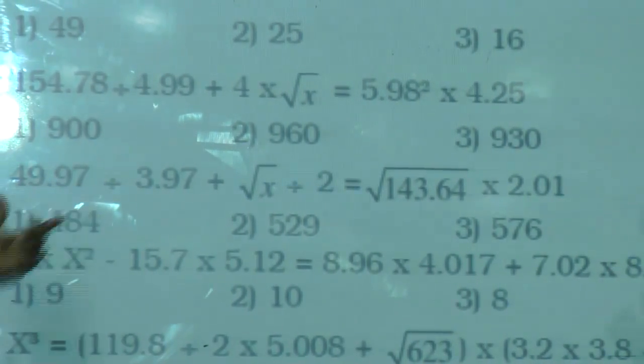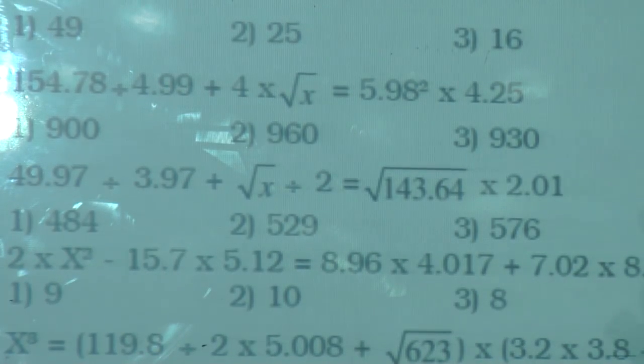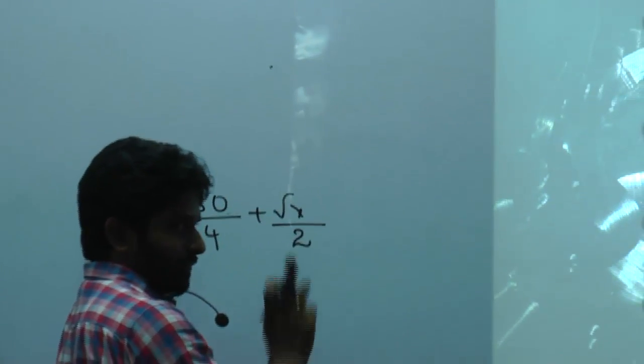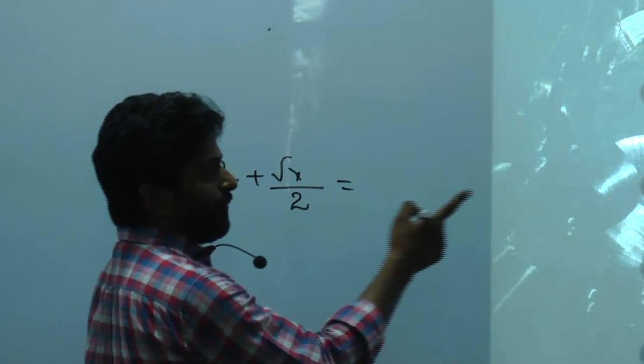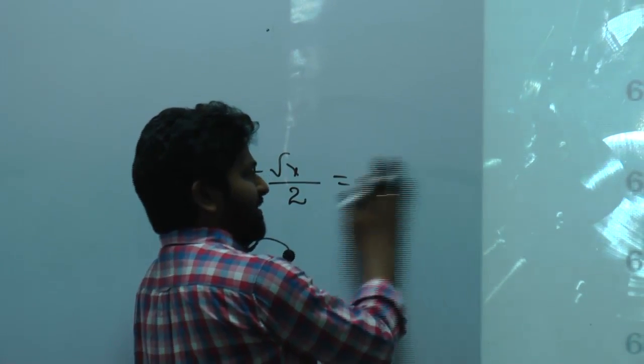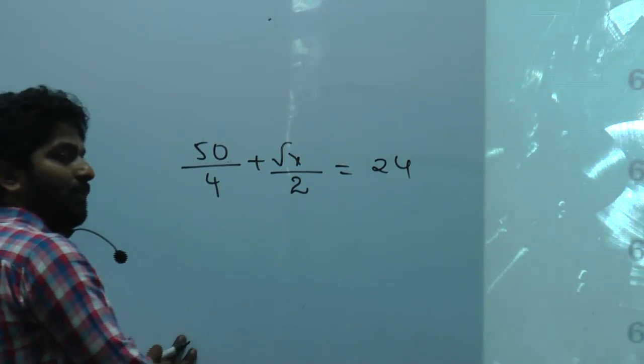Come on, how much? 50 divided by 4 plus root x divided by 2 is equal to 12 into 2. You can write it as 24. What is 50 by 4?